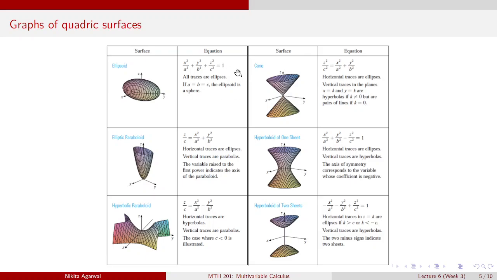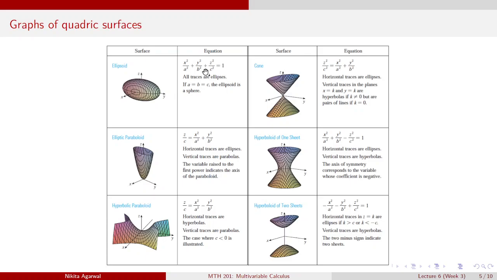The standard form of an ellipse is x square by a square plus y square by b square equal to 1. So you put it in the standard form and you see what equations you get, right? And you see that it's not an infinite picture, in the sense that you have these end points. What are those end points? Let's say I put z equal to some constant.